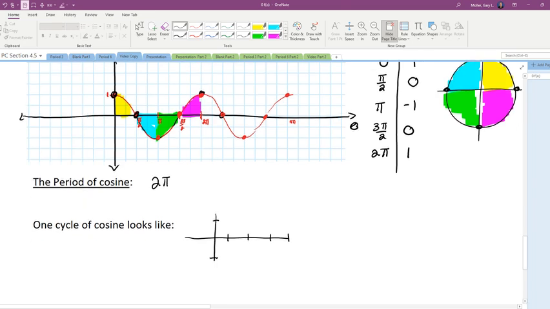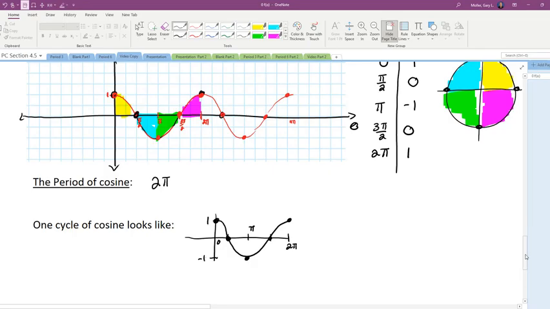So we're going to have a period that looks like this. There's 2 pi. There's halfway. There's 0. And we have 1 and negative 1. So if you can graph sine, you can graph cosine as long as you start it in the right spot.